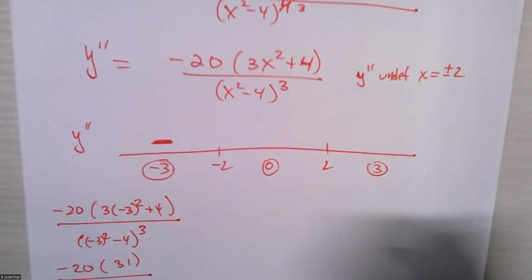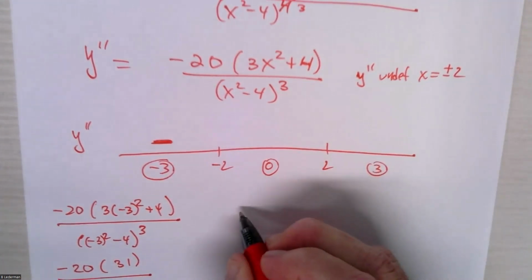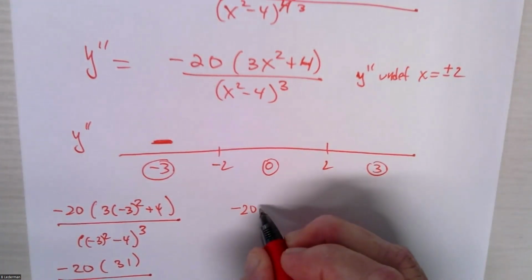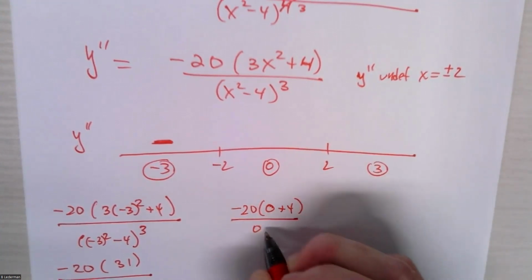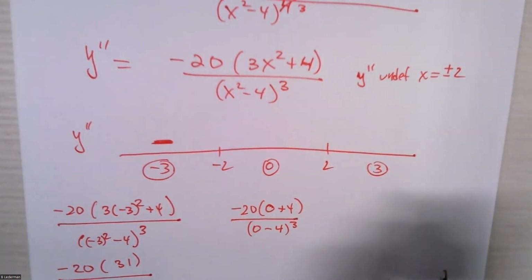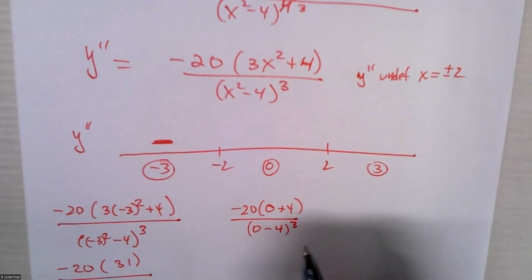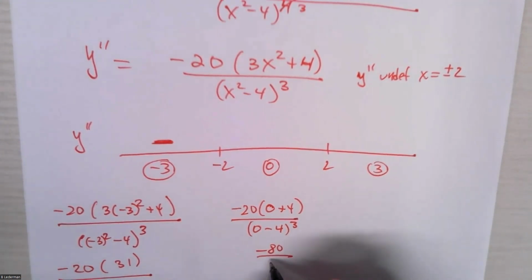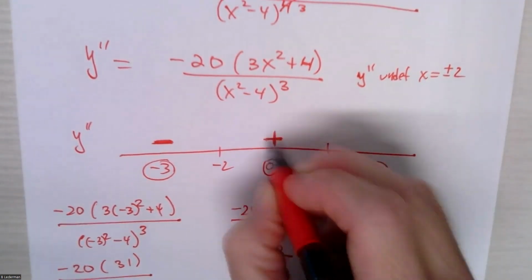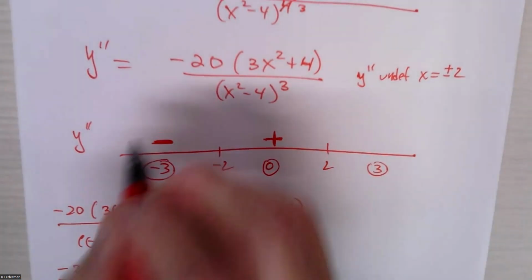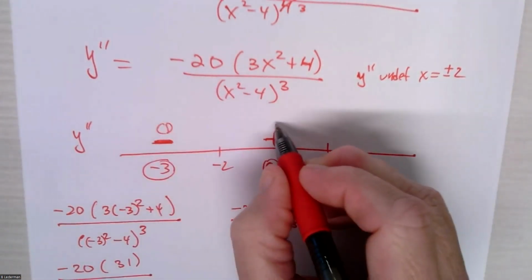And at 0, we have negative 20 times 0 plus 4 over 0 minus 4 to the third power. And this is going to be negative 80 over negative 64, which is a positive number. That's all I really care about. So obviously we have concave down, and that's obviously concave up.